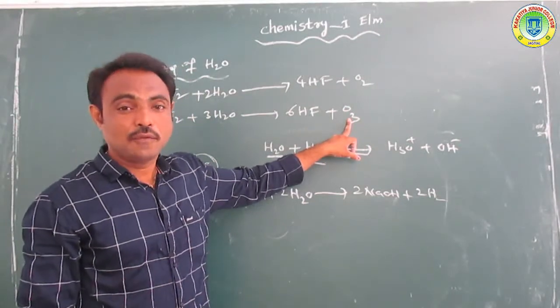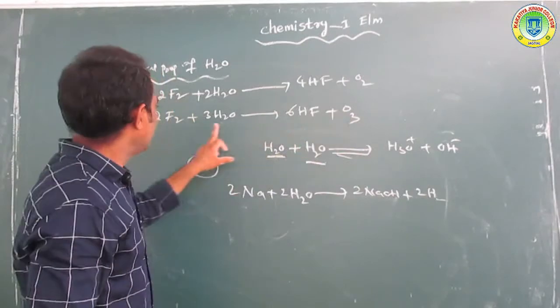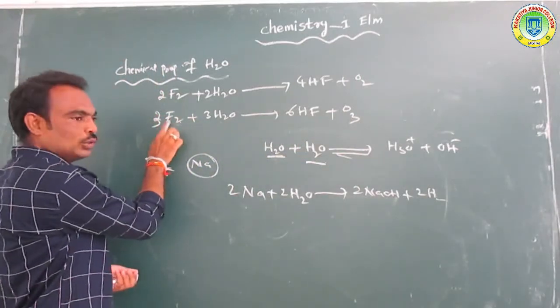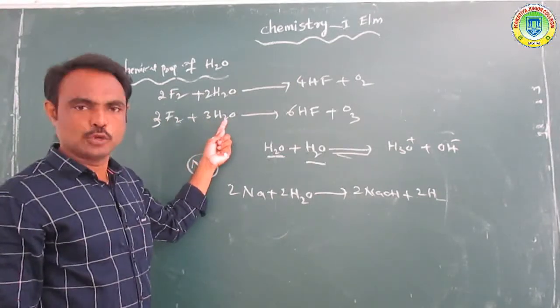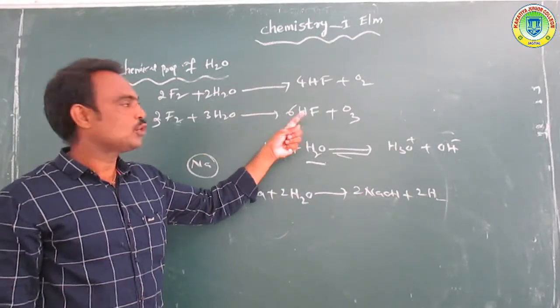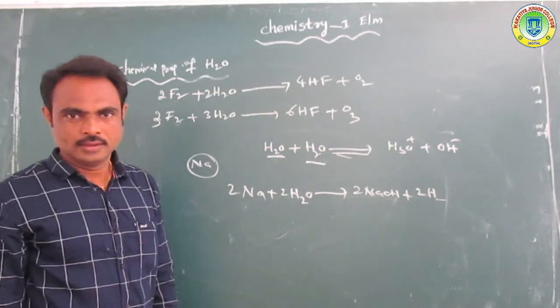What is the formula of ozone? O3. Okay, so overall 3F2 means 6 fluorines, 3H2 means 6 hydrogens. So total 6HF, hydrogen fluoride, and the remaining 3O, O3.